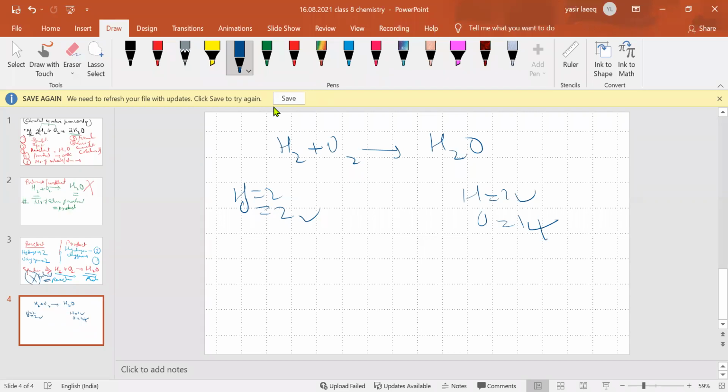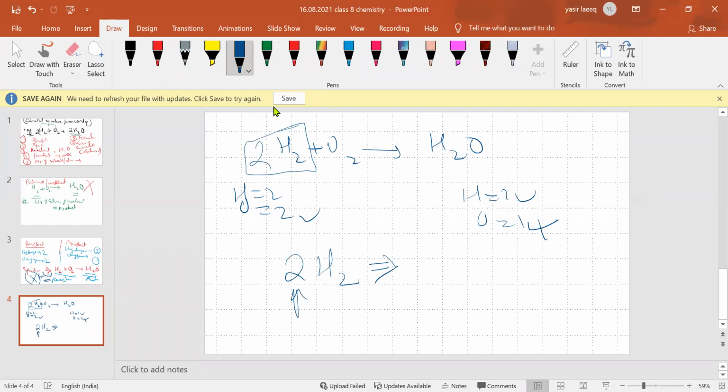When we put 2 here, then how much hydrogen atom is there? Two H2, what does it mean? Sir, it means there are two atoms of hydrogen. What about molecules?